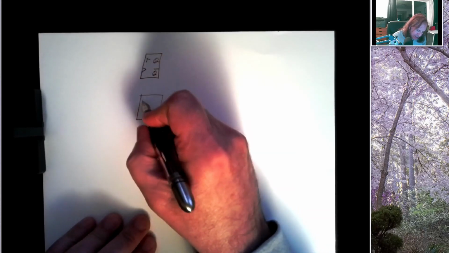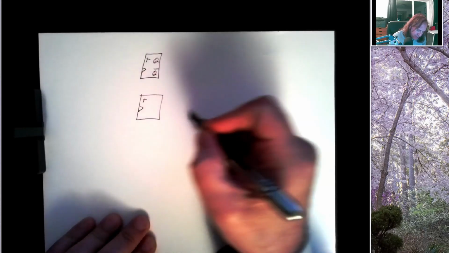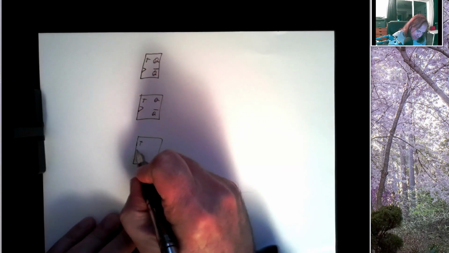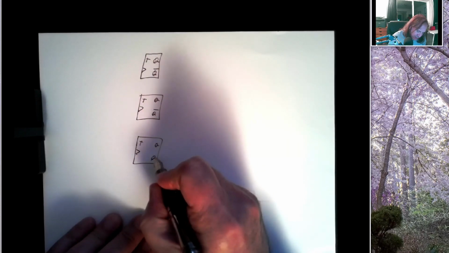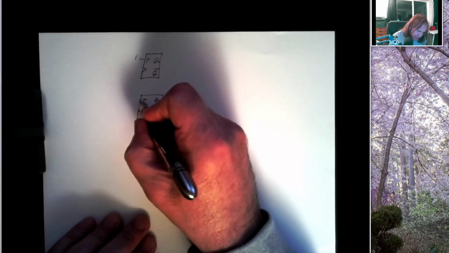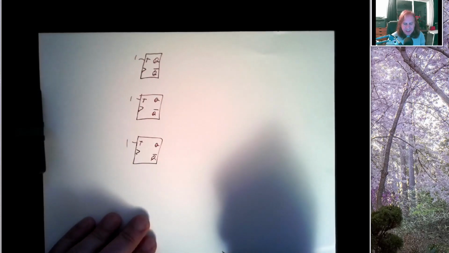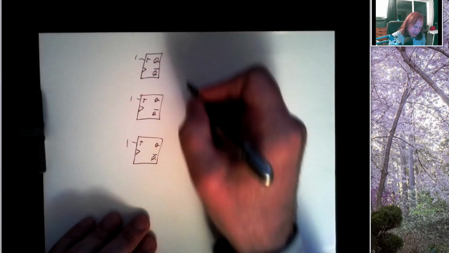I'm going to make a second T flip-flop, with its Q and Q bar, and a third T flip-flop, with its Q and Q bar. And this toggle input, I'm just going to tie to a 1. So every time the clock ticks from 0 to 1, this should toggle.